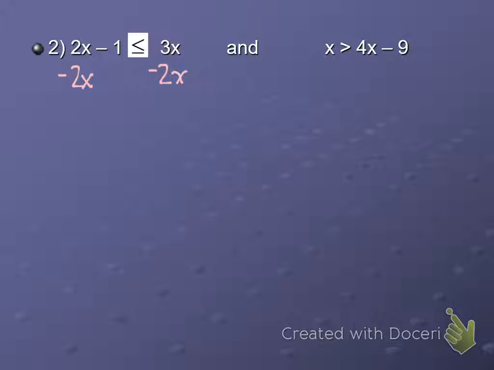Your answer should come out the same. So we would have -1 is less than or equal to 1x. I prefer for my variable to be on the left, so I am going to rewrite it right now, flipping the whole entire thing over, so that it reads x is greater than or equal to -1.